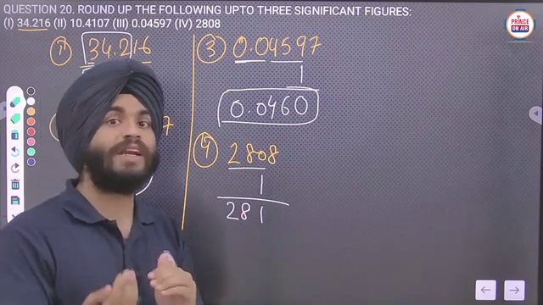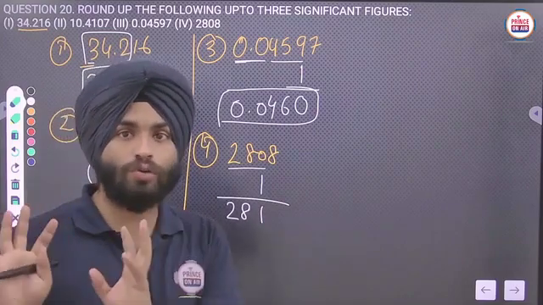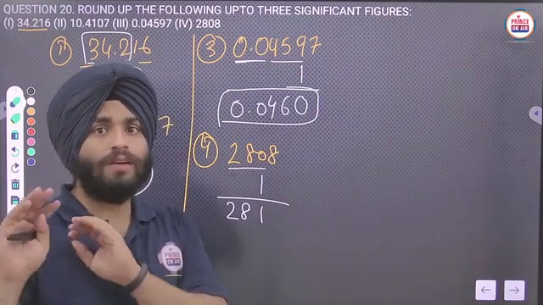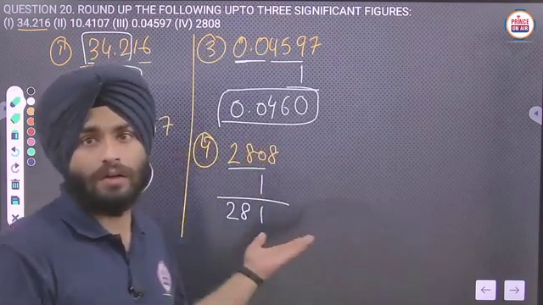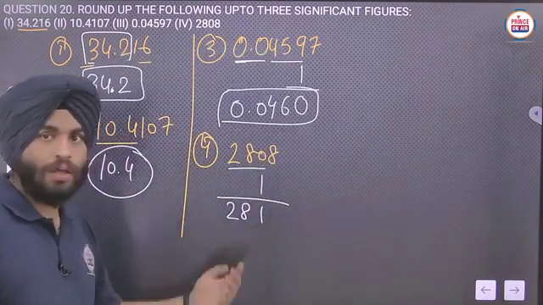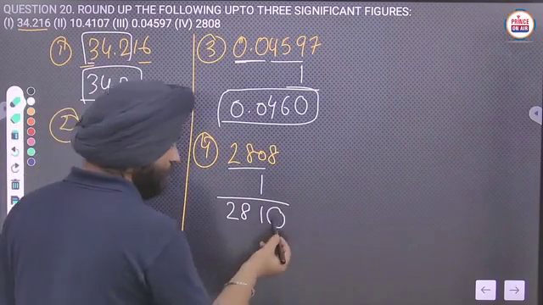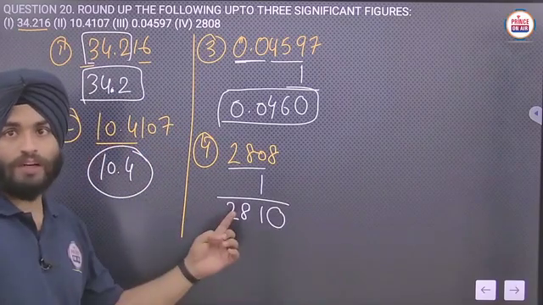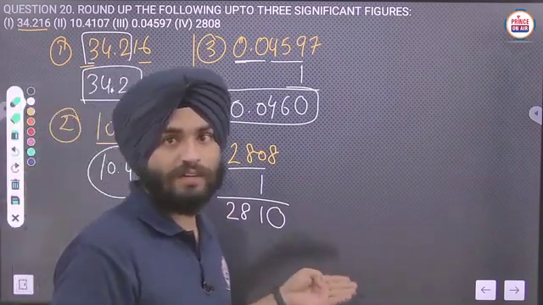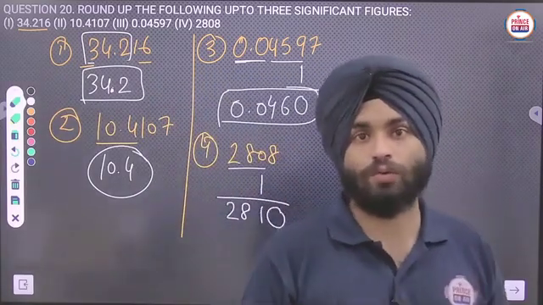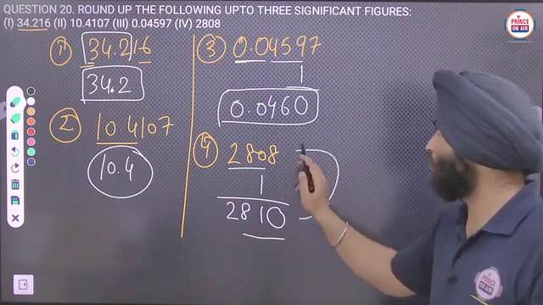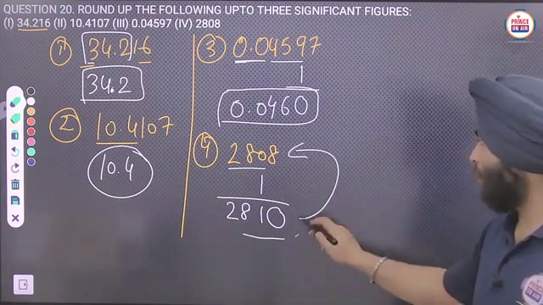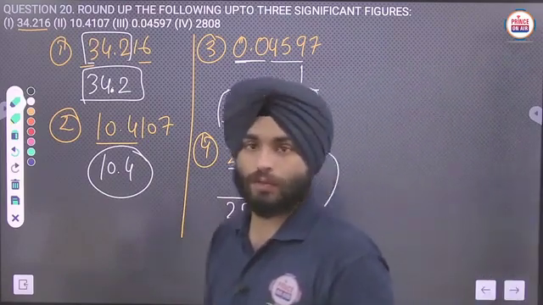We have to do that approximation, rounding off. You know very well that we can't change the actual value of that result. So here we write a 0. Now if you check the significant figures, they come out to be 3, and the value will become approximately equal to this value. So the answer will be 2810. Okay, clear?